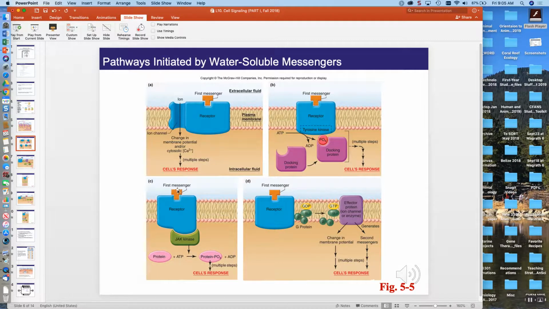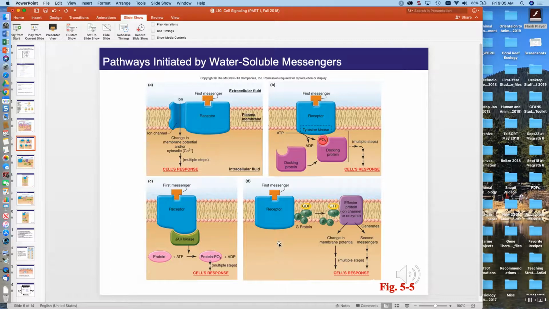Sometimes when the ligand binds to its receptor, it associates intracellularly with another kinase, this is a JAK kinase, that then phosphorylates other stuff, right? This protein is then phosphorylated, and then again, it leads to a cascade of events and a global cellular response.